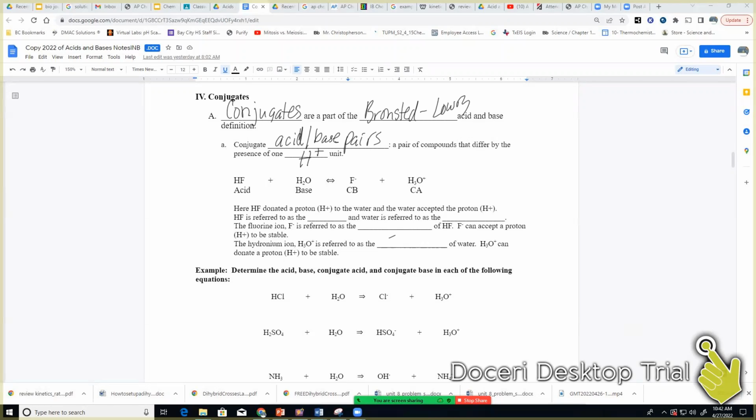So that's going to affect what the charge of the compound that the hydrogen is gained or lost from goes to. So in this definition, an acid is a proton, in the form of H plus, donor. It gives the hydrogen, and a base will be the one that accepts that hydrogen.